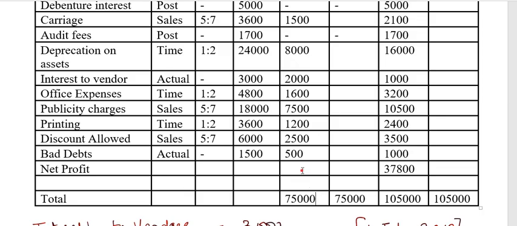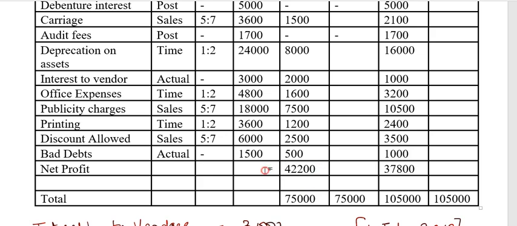So credit side is more and debit side is less, so it is profit. The difference is 42,200, and this 42,200 is capital profit for pre-incorporation.